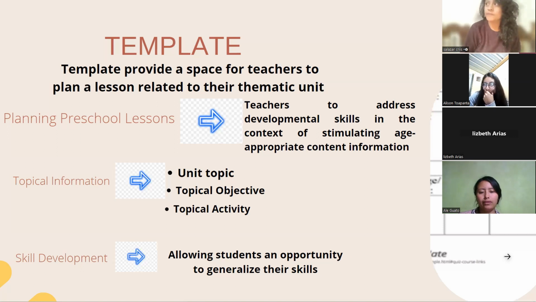Topical activity depends on the unit topic and the topical objective, and it refers to how the teacher will teach students and develop skills. In this part, students have the opportunity to generalize their skills, depending on the lesson that the teacher uses.